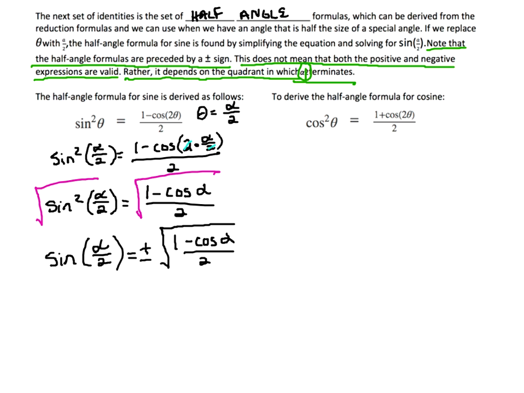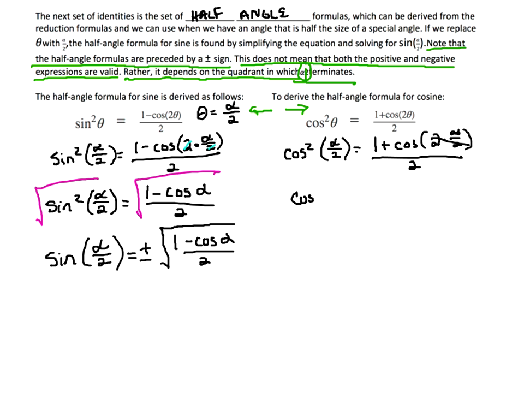And the same thing is going to be true with the cosine squared of theta over to the right here. So we're going to let the same premise stand for this cosine squared theta here. We're going to call theta alpha over 2. So we start out with cosine squared of alpha over 2 equal to (1 plus the cosine of 2 times alpha over 2) divided by 2.